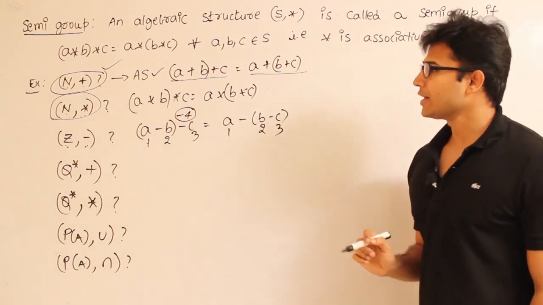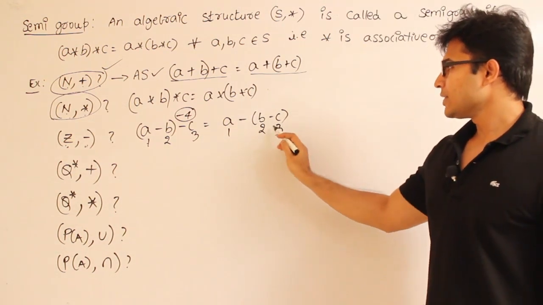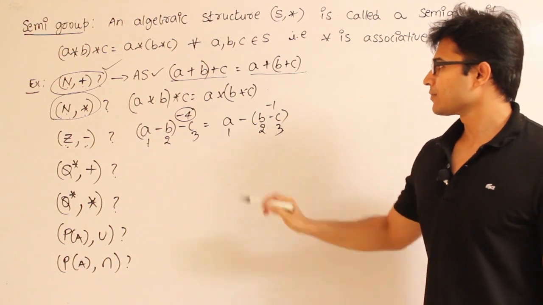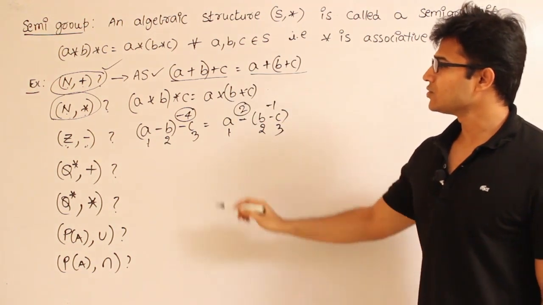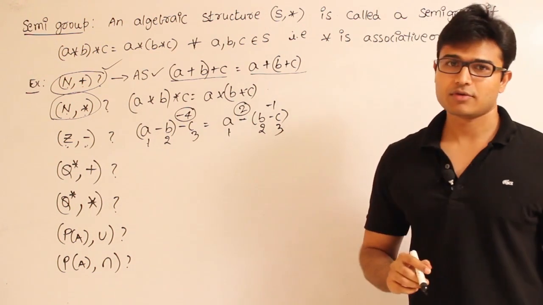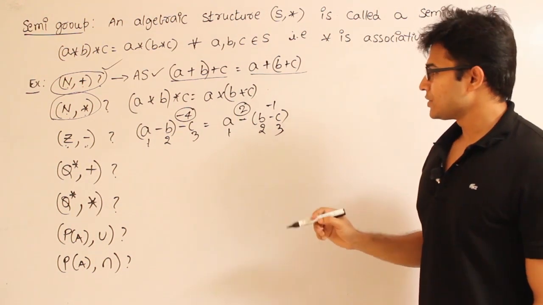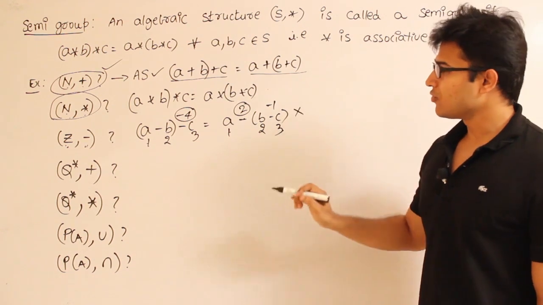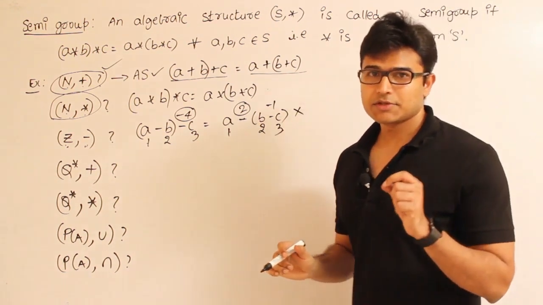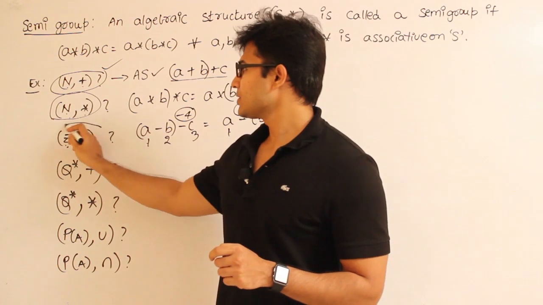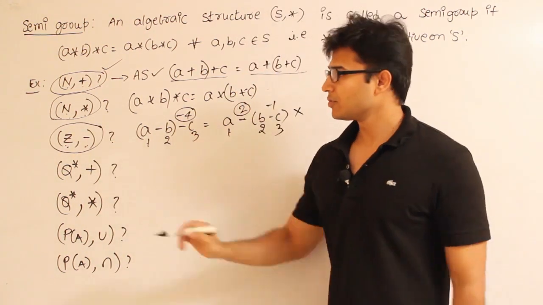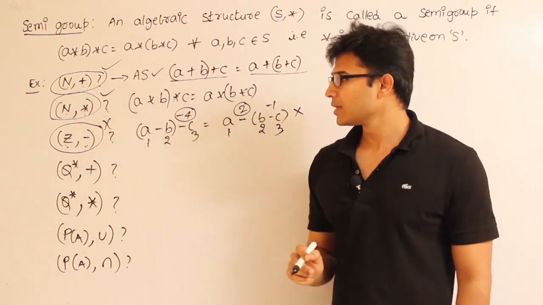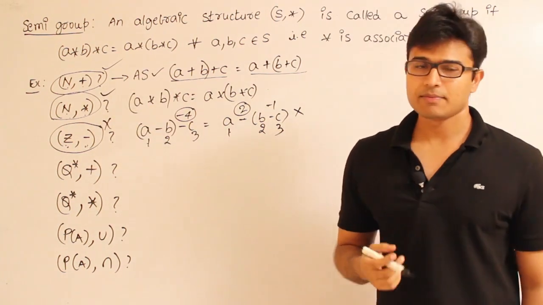And what do I get on the right hand side? 2 minus 3 is minus 1, and 1 minus minus 1 is 2. So the right hand side is 2 and the left hand side is minus 4. So the associativity rule failed. Therefore it is simply an algebraic structure and it is not a semigroup, because the associativity rule failed. Okay, this is not a semigroup. And what about Q star and plus?